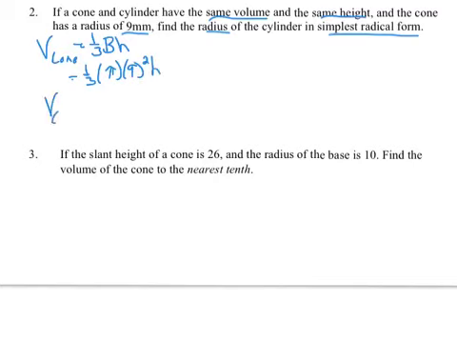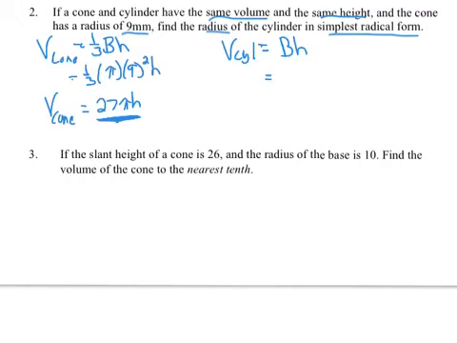So the volume of the cone ends up being, I'm going to leave it in terms of pi, 27 pi h. So I know the volume of the cone is equal to the volume of the cylinder. So the volume of the cylinder is going to be the base area of the cylinder times the height.